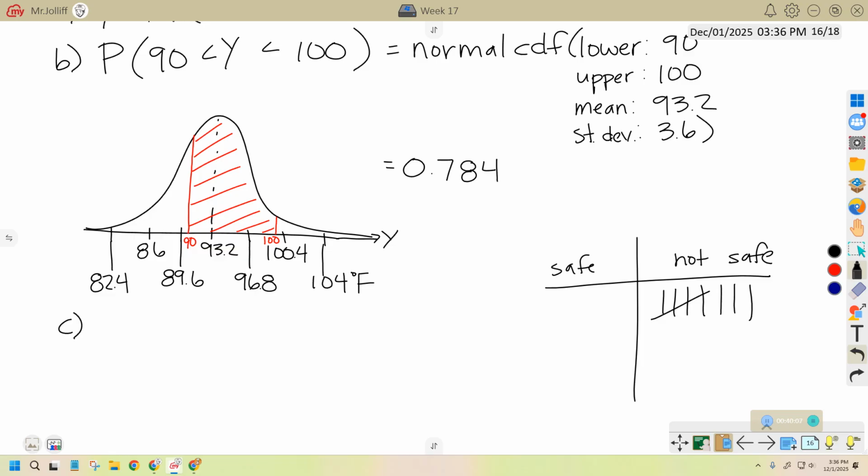78.4, like that's good, but it feels just a bit uncertain. So if 78.4% of temperatures are in the safe zone, how much is in the not safe zone? And that's like 21.6, yeah?